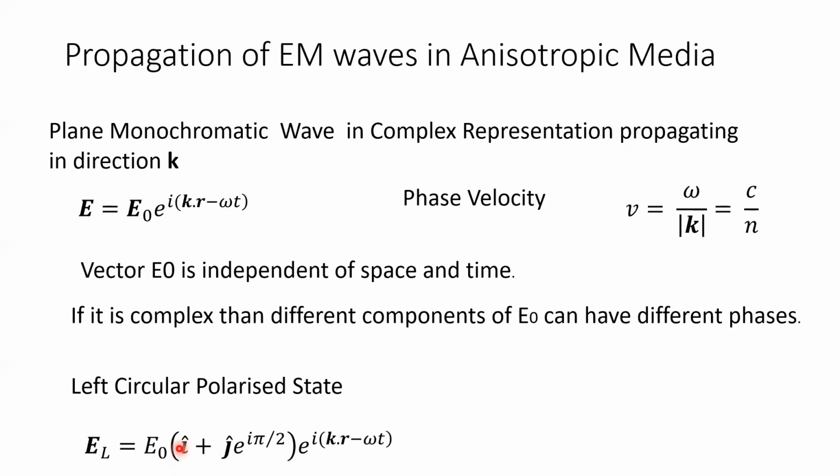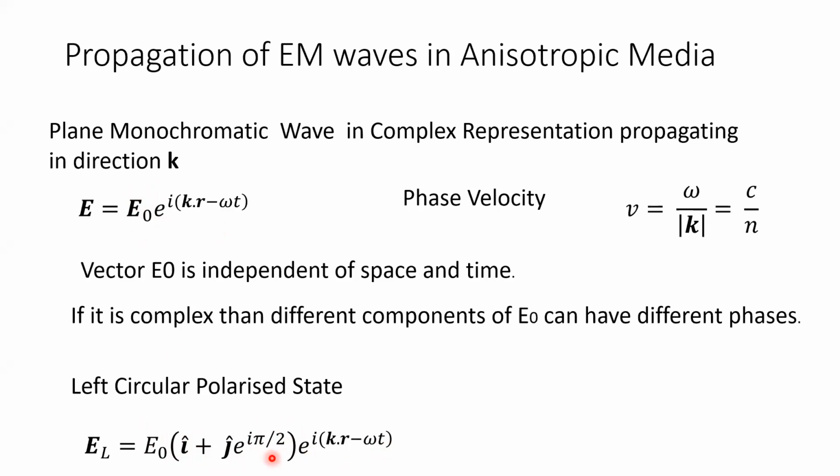If you remember from yesterday, it was a combination of X component and Y component of the electric field, with a phase difference of pi by 2 between the two. We have the same X component and Y component, but now we can introduce an extra phase difference like this. So this makes this vector E actually complex, because it has a complex part.